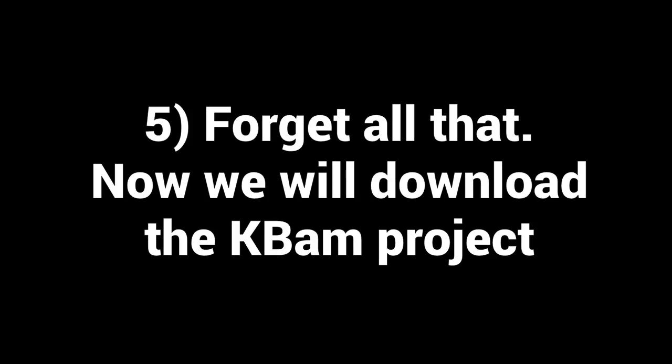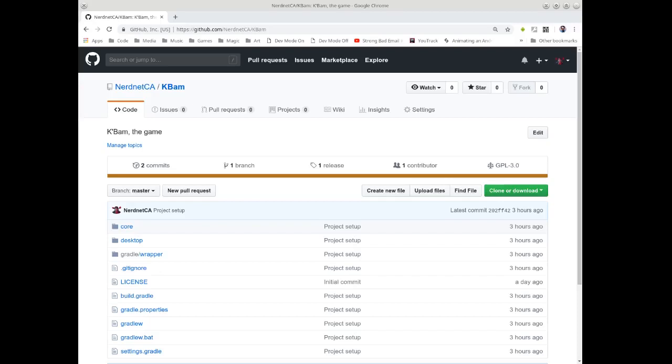If you had any trouble with any of that, don't worry too much, because now we're going to download the actual project. So go to this repository. I will provide a link in the description, and you can download the code in one of two ways.